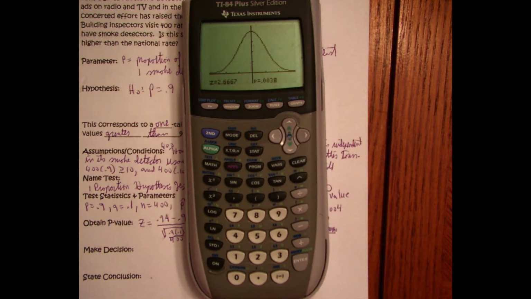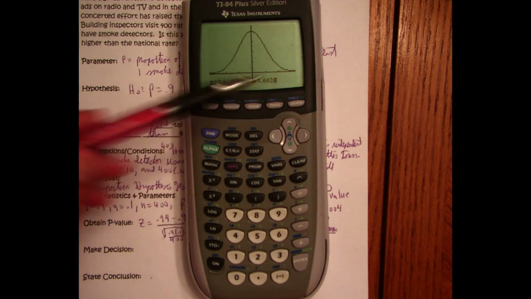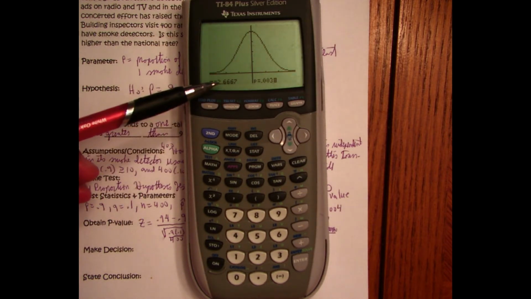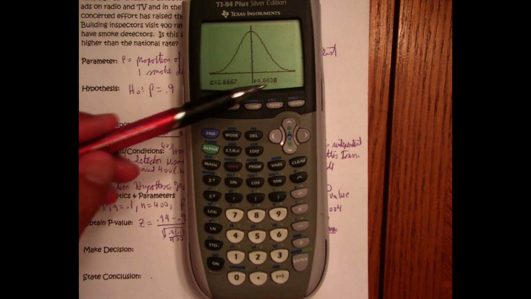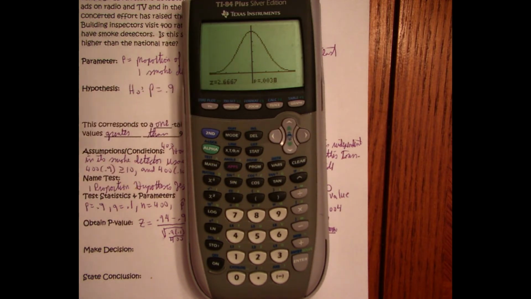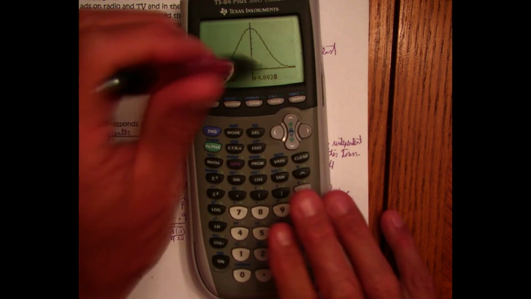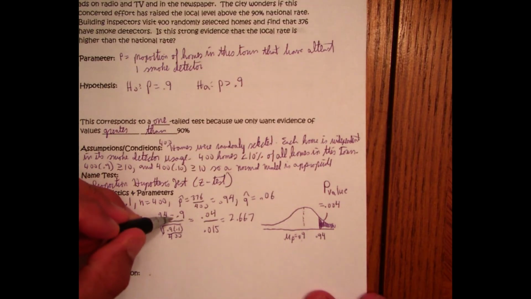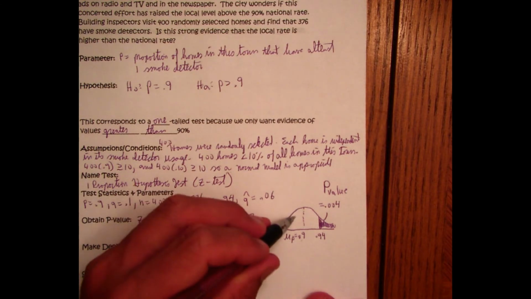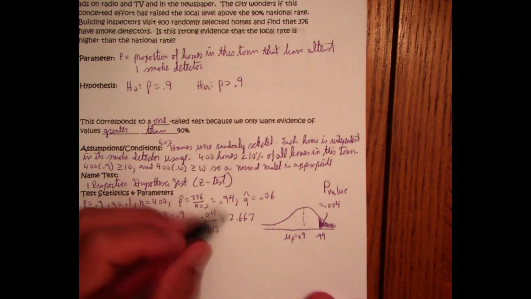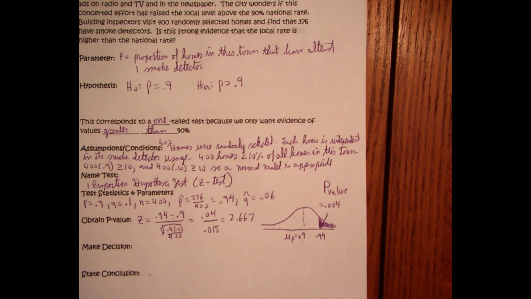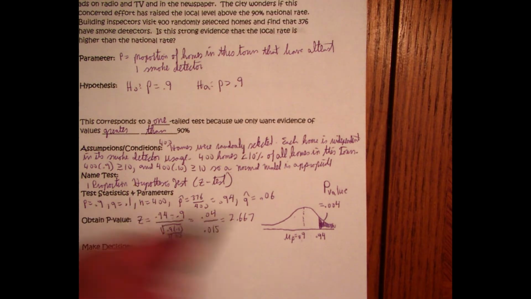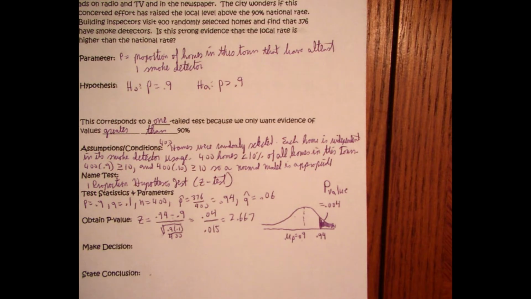It doesn't even show that it's shaded over here because it's such a small region, but there's our z-score, 2.667, and there's our big p-value, 0.0038. And that gets drawn on your paper. So basically you can go from this step right here to this step over here. You don't have to do the calculation. You just have to show the work, and then you can have the calculator do the calculation.